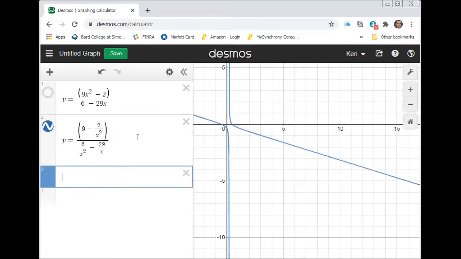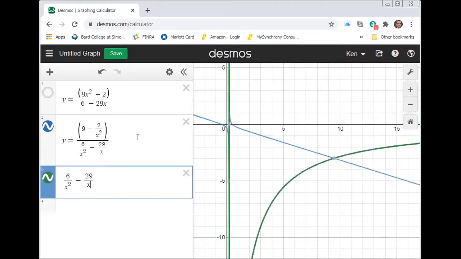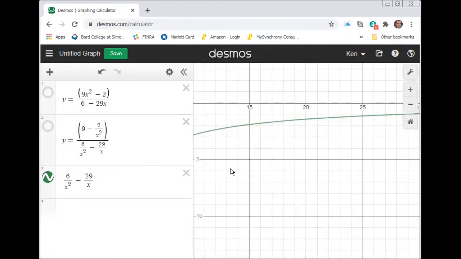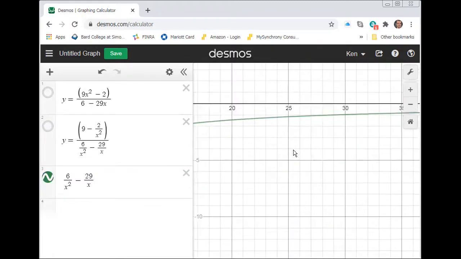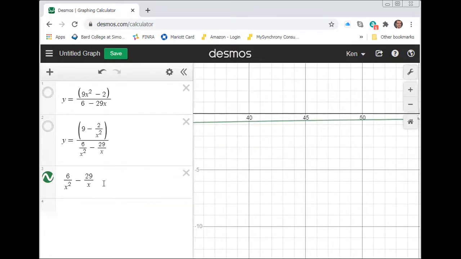And I want to prove to you what I said about if you just look at 6 over x squared minus 29 over x individually, I was asserting to you that this was negative and going to 0. And you're seeing that too. The reason for that is that if x squared is big, then 1 over x squared is going to be small.